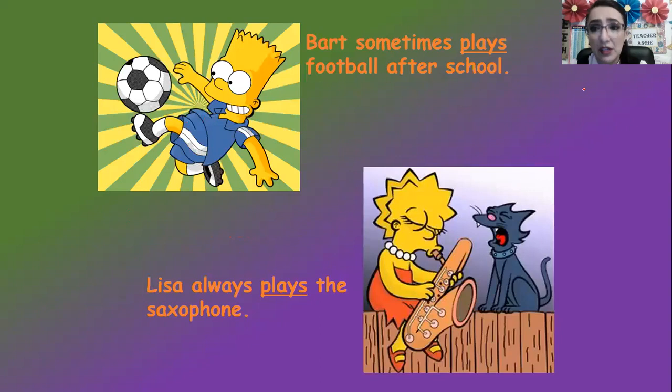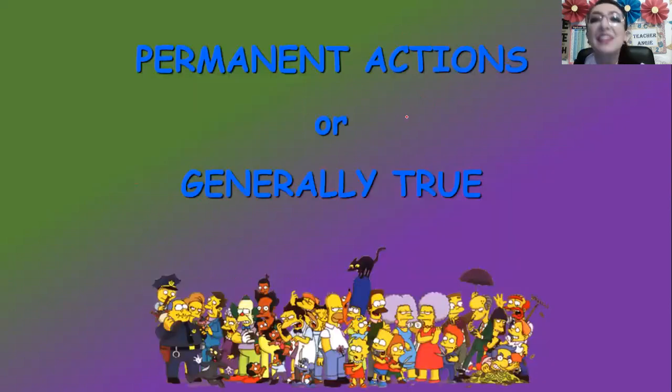Here we have another kind of examples. Bart sometimes plays football after school. Lisa always plays the saxophone. Those are examples of routines or habits that they have. And also, we are going to be making use of simple present when we are talking about permanent actions.